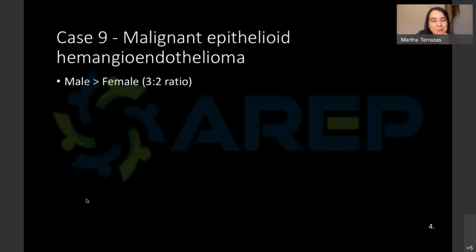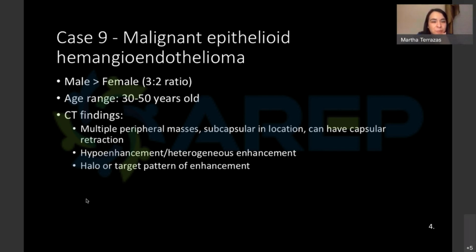Mouthful. And these are seen in males more than females, about a 3-to-2 ratio. The age range is usually 30 to 50, and this patient was in his 70s, so he was out of the age range. But on CT, you see the same thing you see on MRI: multiple peripheral masses, subcapsular in location, capsular retraction, right? That's what makes us think, could this be cholangiocarcinoma?